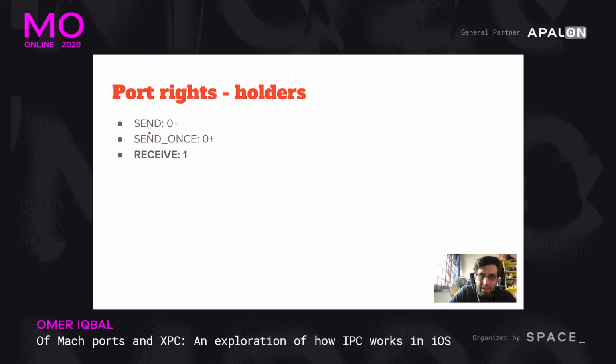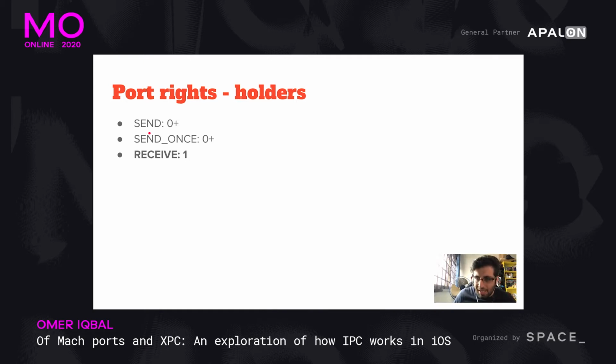One of the interesting things about port rights is the number of things that can hold that port right. For send and send once, for example, there's no such limitation. You can have zero or many port right holders, and that makes sense, right? Imagine that you have a shared service, and a lot of people are able to send messages to that shared service.